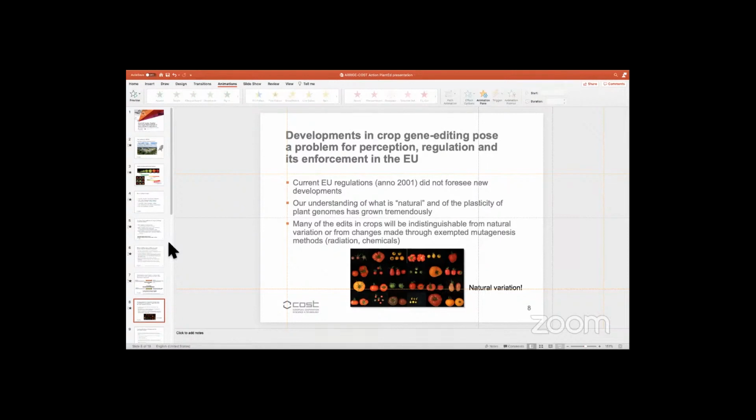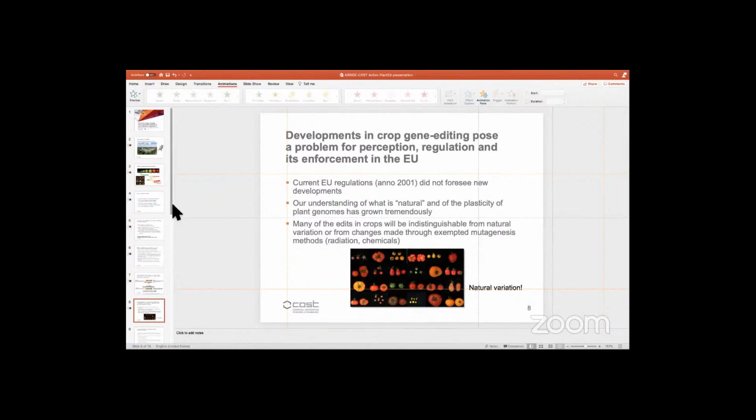Also, our understanding of what is natural and of the plasticity of plant genomes has grown tremendously as more genomes are being sequenced. And we realize that also in nature, a lot of things change in sometimes very bizarre ways. Many of the edits in crops will also be indistinguishable from natural variation or from changes made through exempted mutagenesis methods like radiation and chemicals.